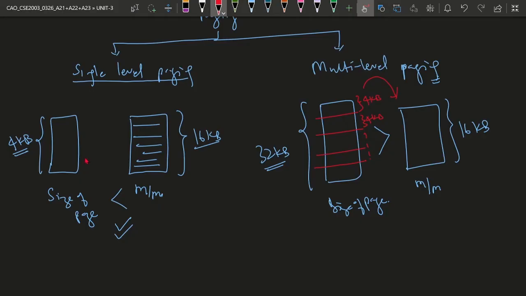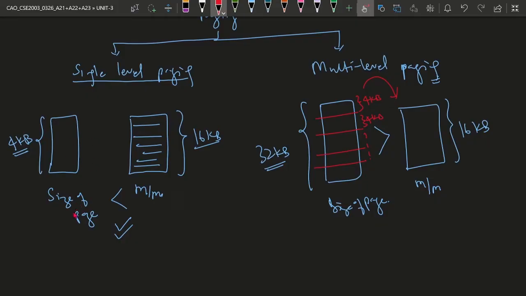There is a page and a page table. In the case of multi-level paging, we basically store the page table as well as the pages. Inside this main memory, the size of the page table is going to be large.